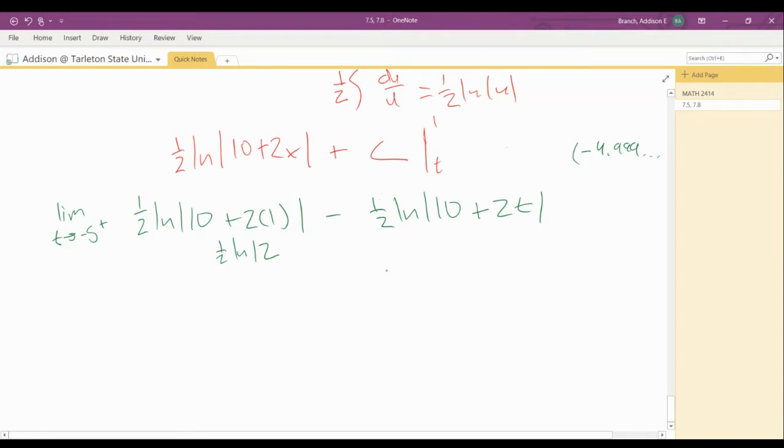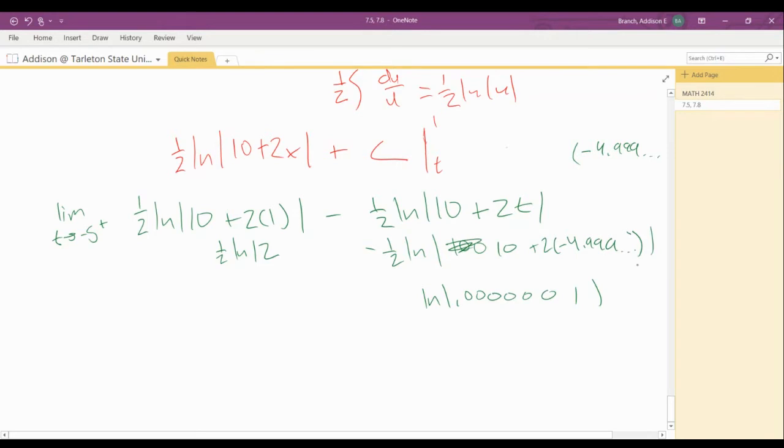So if we do that, we are getting -1/2 natural log of 10 plus 2 times -4.999. So therefore, that would be the natural log of just over 0, approximately.